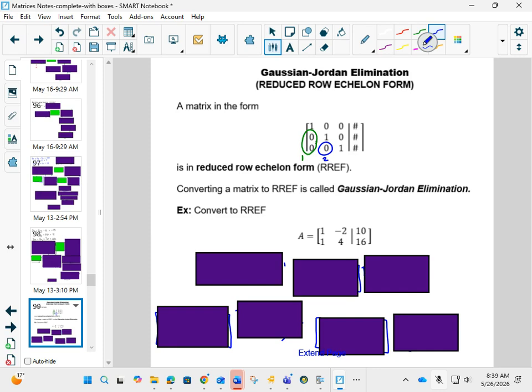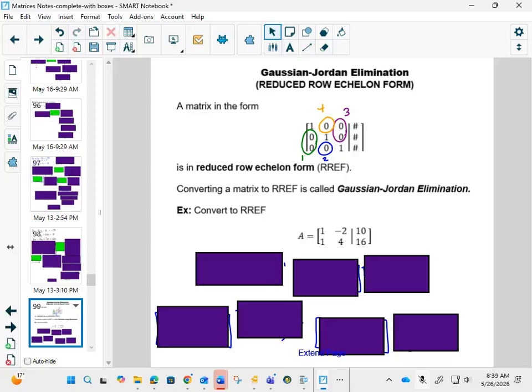So if we're going to start with that in Gaussian Jordan elimination, we're going to continue and then get those zeros third, and finally that 0 fourth. So we're sort of going to do Gaussian elimination to get zeros in the bottom corner, and then do Gaussian elimination moving upwards to get zeros in the top corner. And then make sure that we have ones along the way.